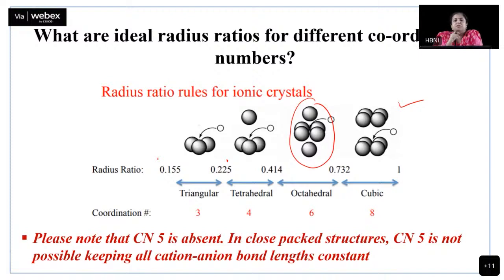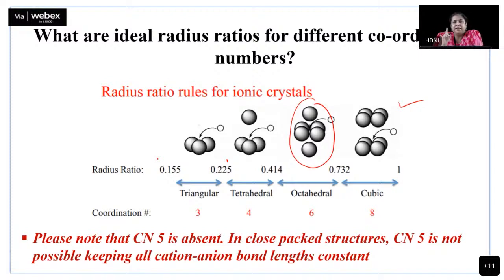That is because these radius ratios are for the symmetrical structure. And let me remind you, like in humans, like in us, we have imperfections. Like in things, we have imperfection. Structures also have imperfection. But we are talking of the ideal cases.